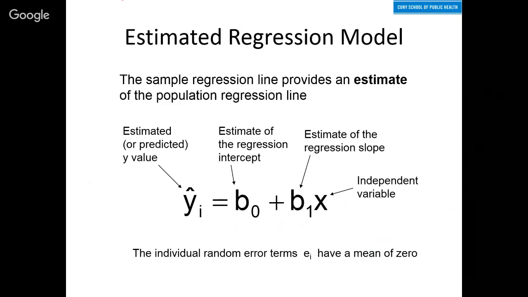We will estimate a regression model from a sample, and I'm describing this here using a hat to mean this is an estimated or predicted y variable equal to an estimated slope plus an estimated intercept times the independent variable. And this should have a plus e_i, these being the residuals.